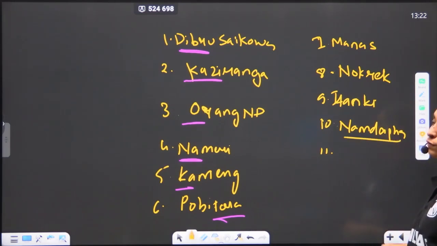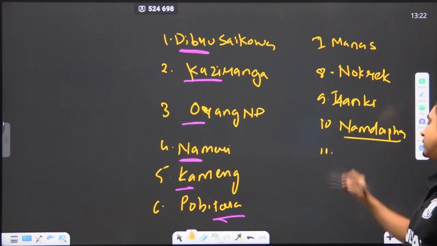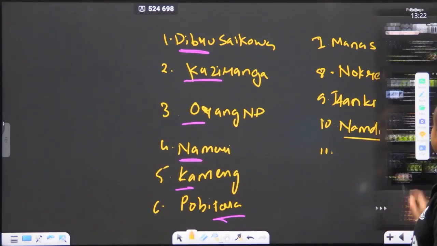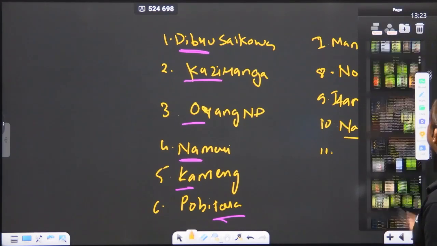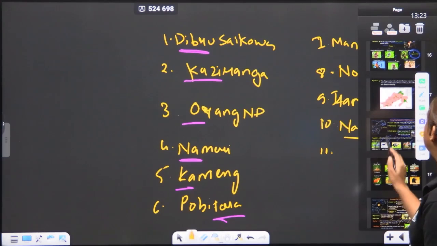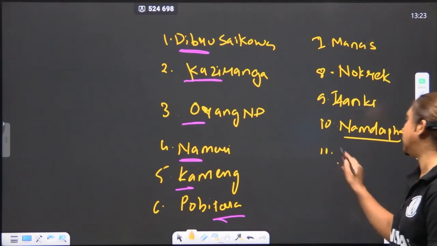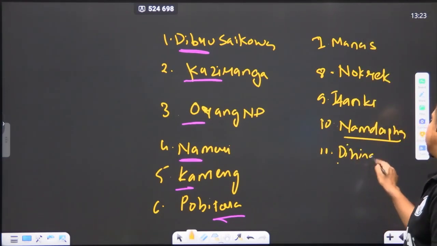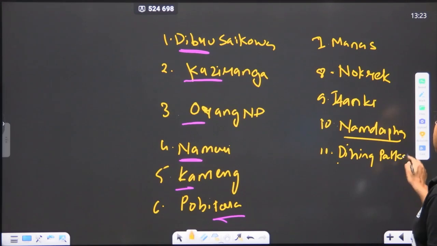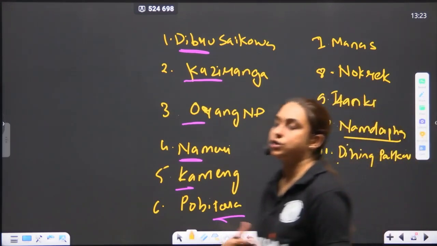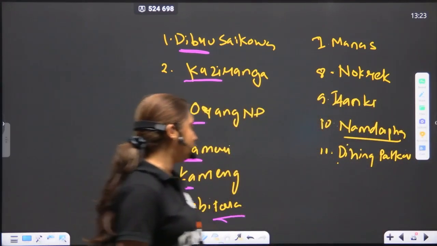Apart from Namdapha, the last one that we had was Dihing Patkai. So these are the important national parks and biosphere reserves that we have for Brahmaputra.